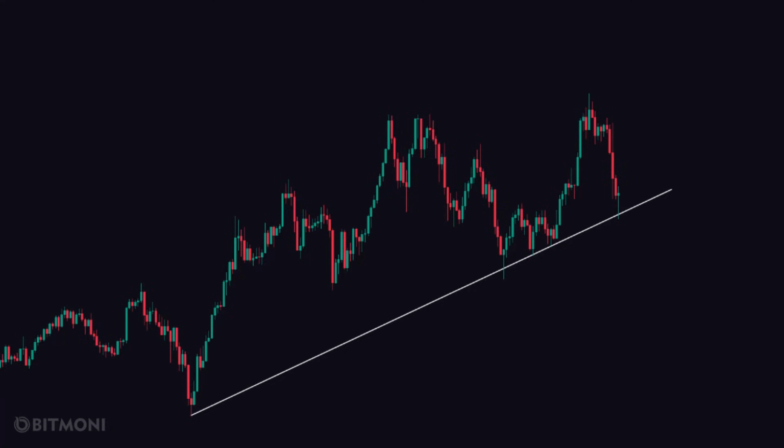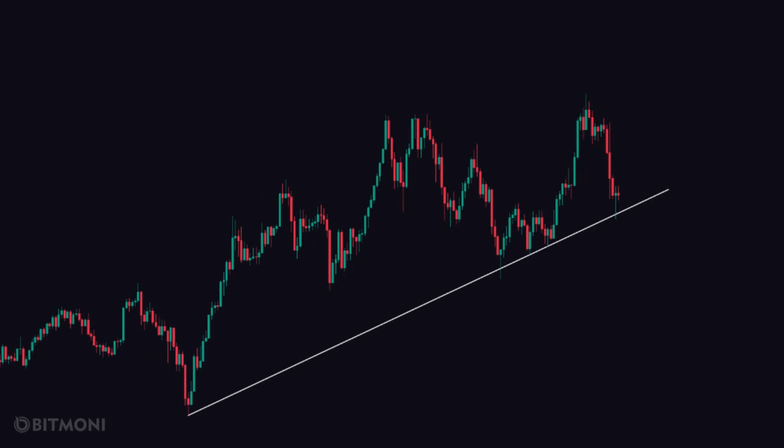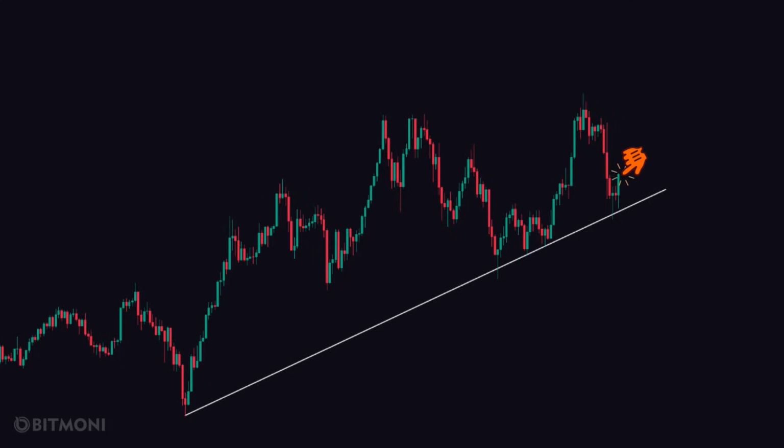But that's still not enough confirmation for us, so we still wait. And now, price gave this nice bullish engulfing candle. Actually, this is one of the best candlestick patterns to look out for when trading with this strategy. It tells us that price has now shifted momentum, and more buyers are stepping in.